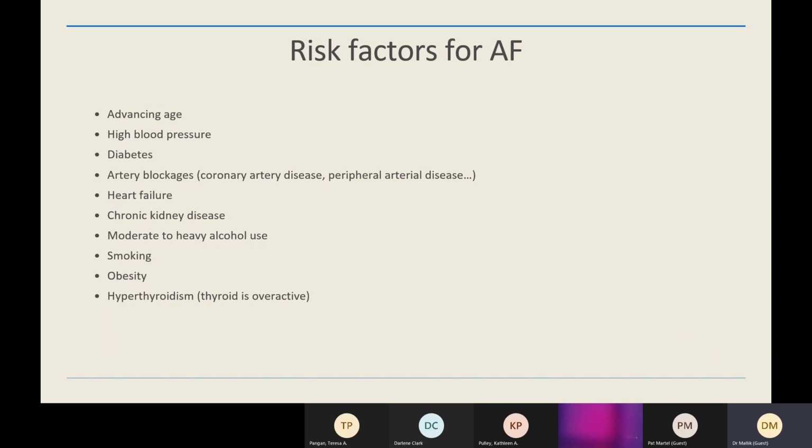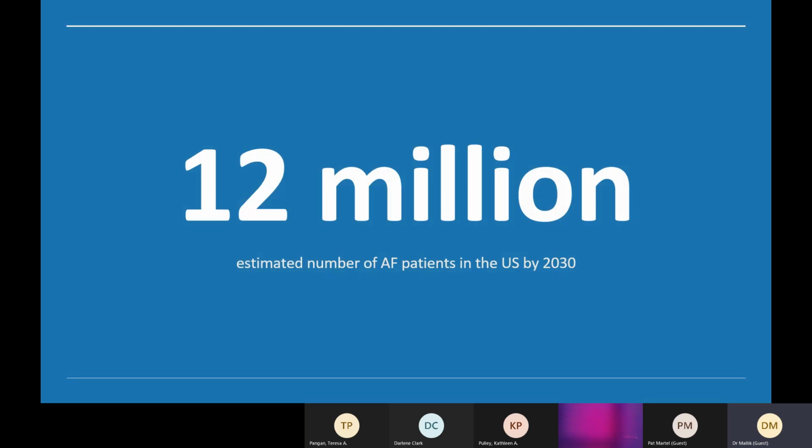Smoking and obesity seem to be high risk features for a lot of heart issues. Another very specific thing for atrial fibrillation is that an overactive thyroid can cause it as well. All of these increase your risk as time goes by, with the result that atrial fibrillation is extremely common. In the US, it's estimated that by 2030 we'll have 12 million people with atrial fibrillation. That's a pretty staggering number.